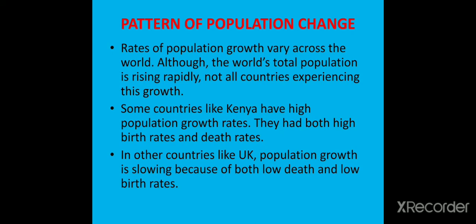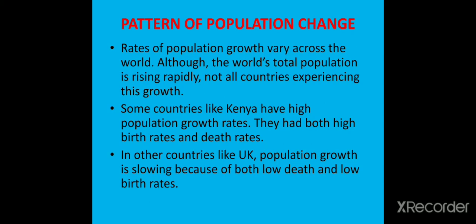Let us see about the pattern of population change. Rates of population growth vary across the world. Although the world's total population is rising rapidly, not all countries are experiencing this growth. Some countries like Kenya have high population growth rates.